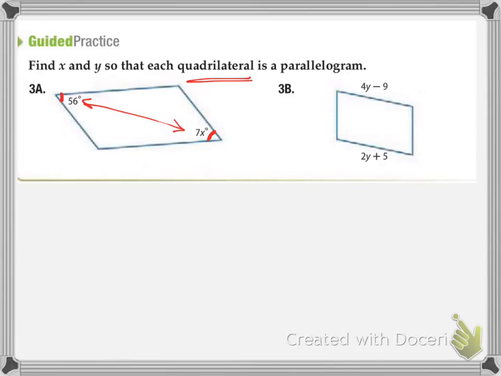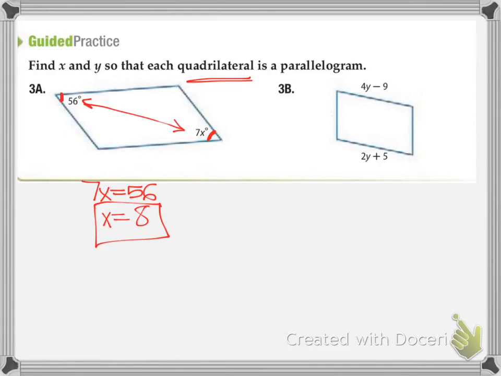So if this is going to be a parallelogram, 7x has to equal 56. So I would need to solve that equation. If this is a parallelogram, that x would have to equal 8. If x doesn't equal 8, this is not a parallelogram. It's some other quadrilateral.